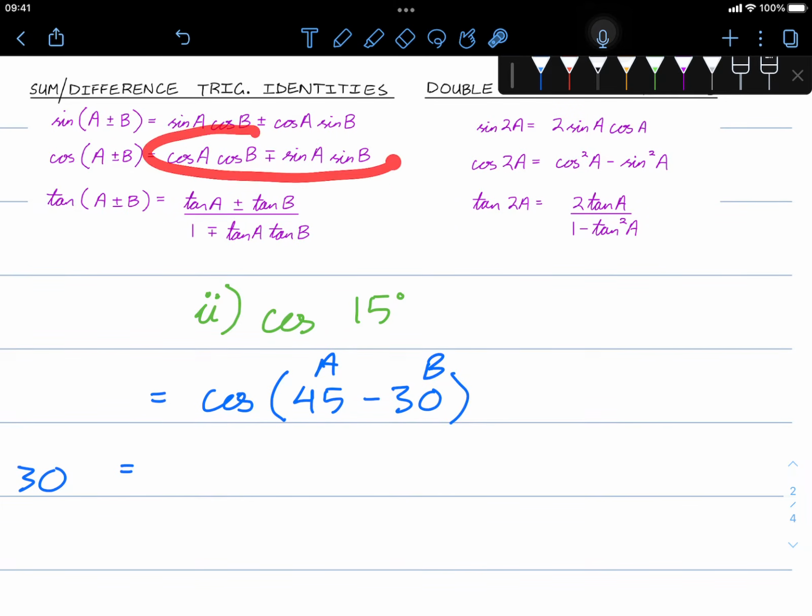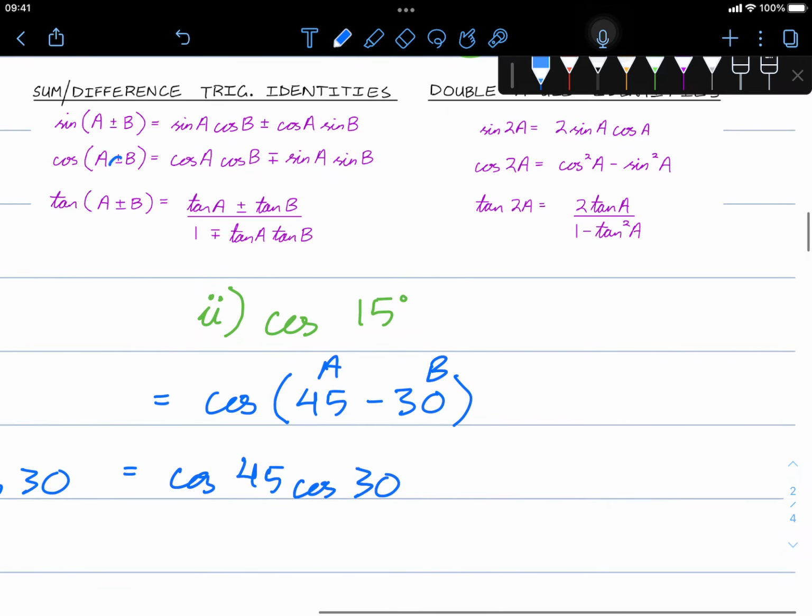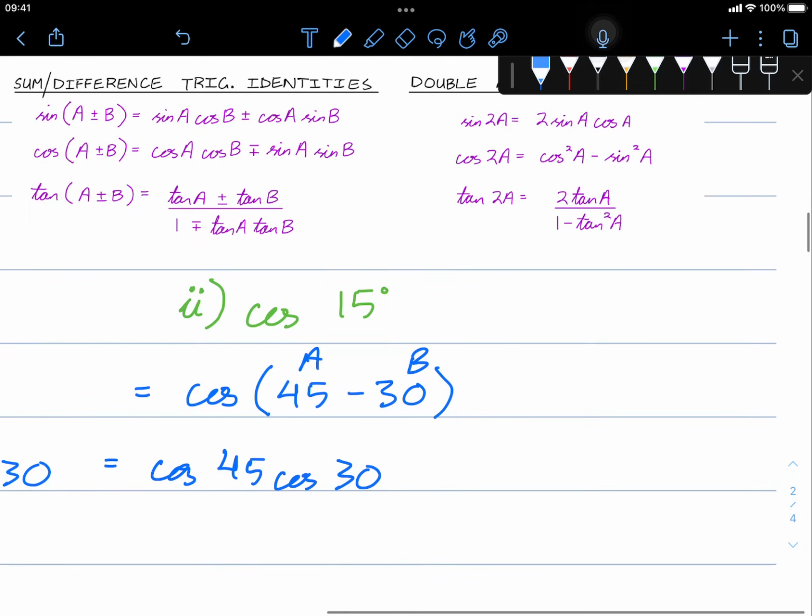I'm looking up here. So it's going to be cos 45 cos 30. Since we have a minus, we take that plus. So this becomes plus sine 45 sine 30.